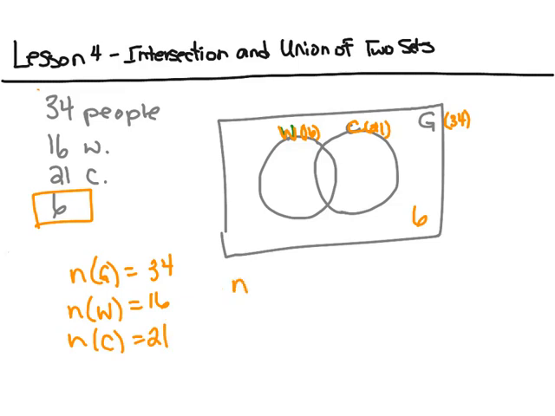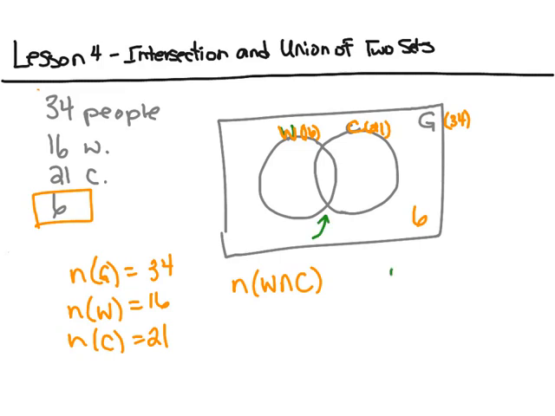Now we want to figure out our intersection. So in order to find our intersection, we want to find W and cardio. Weight training and cardio. That would be our middle section. We want to figure this out.